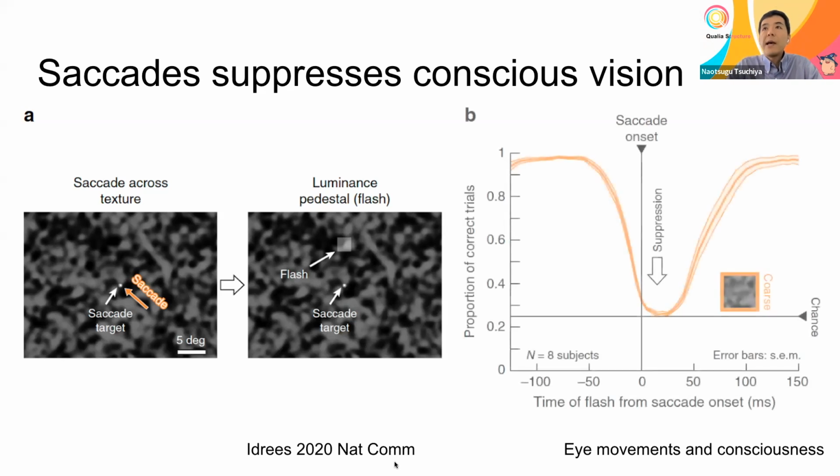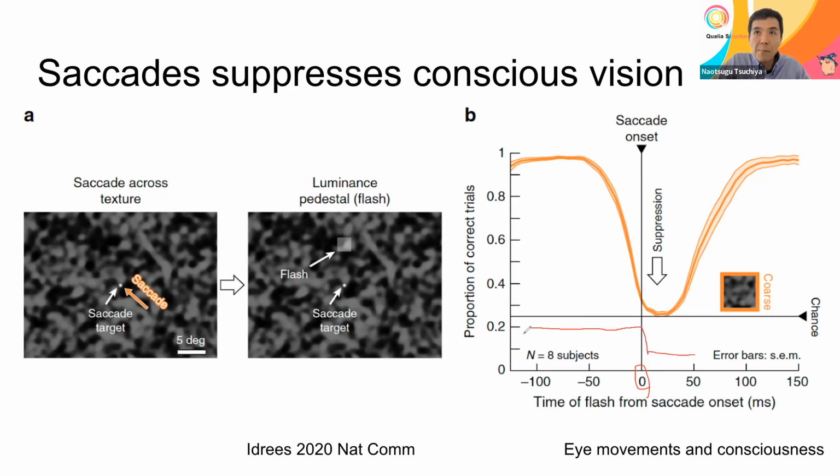Okay, and if you do this type of experiment, then it turns out that at time 0, when you start to move your eyes, let's say this is the location of the eye, and here it is moving to this location.